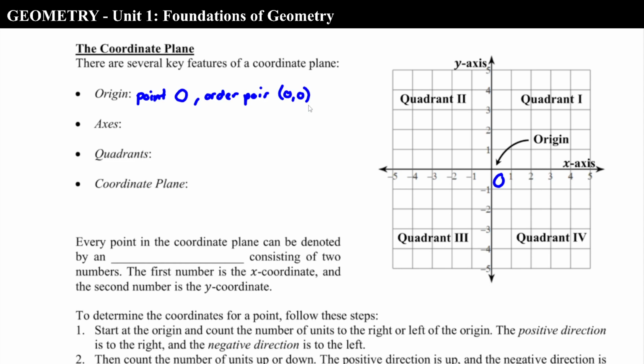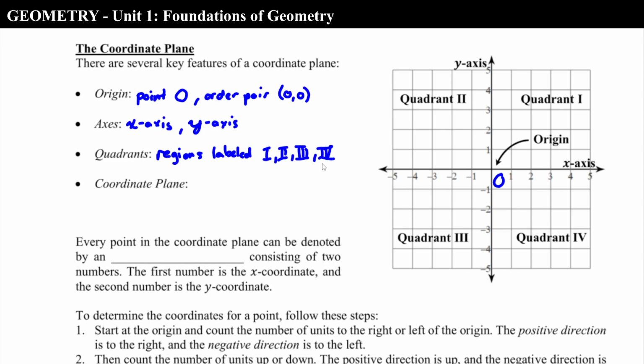Axes, we have 2 of them. We have the x-axis and we have the y-axis. As far as quadrants go, we label them by the 4 regions. They are the regions labeled 1, 2, 3, and 4, and we use Roman numerals for them.